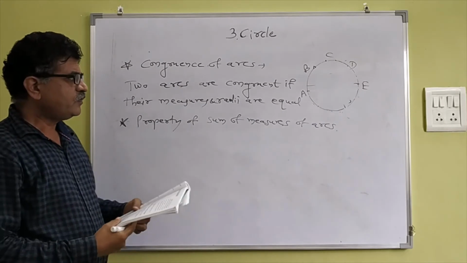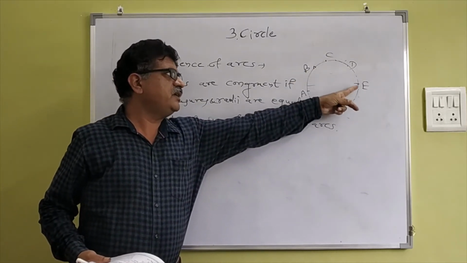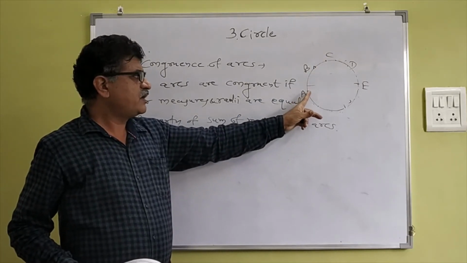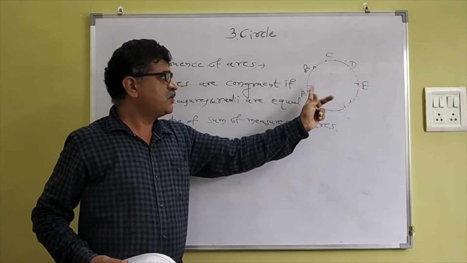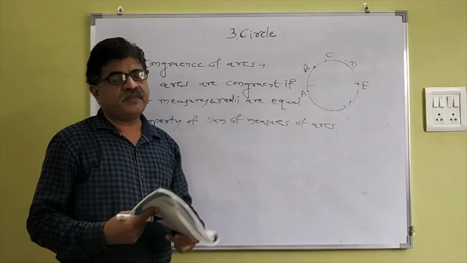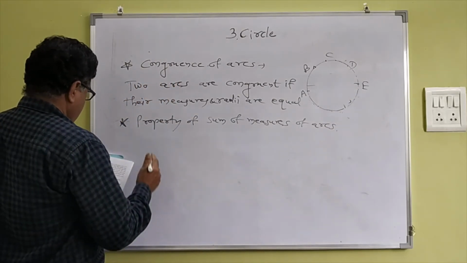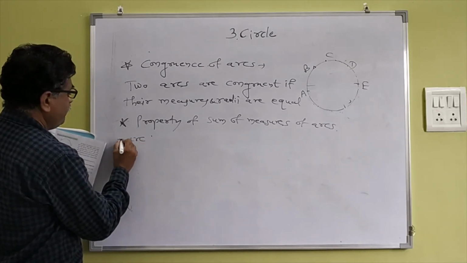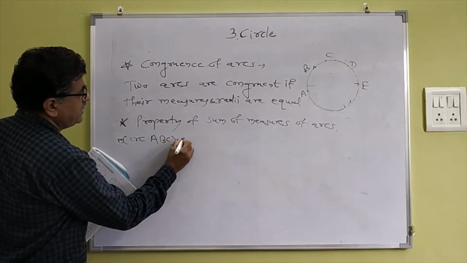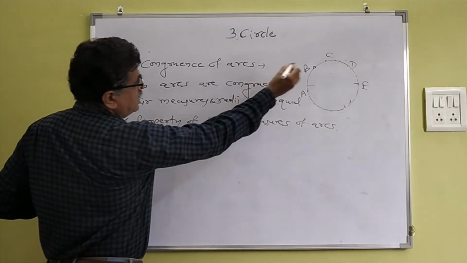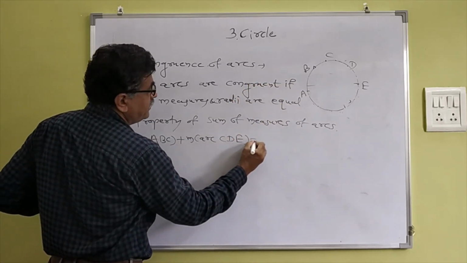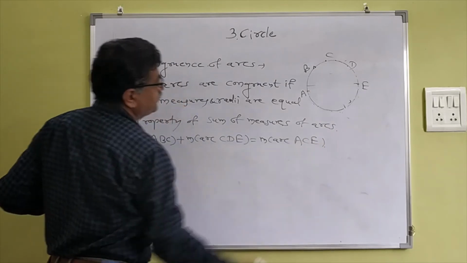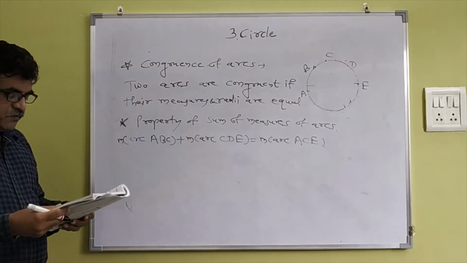C. Arc ABC and arc CDE have one point common, C. Therefore, we can write arc ACE is equal to arc ABC plus arc CDE. That is, the measure of arc ABC plus the measure of arc CDE is equal to the measure of arc ACE. This is the property of sum of measures of arcs.